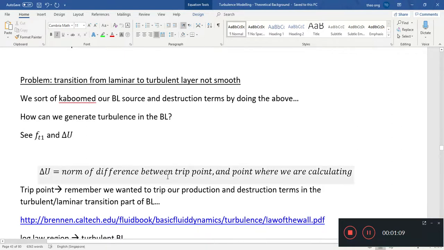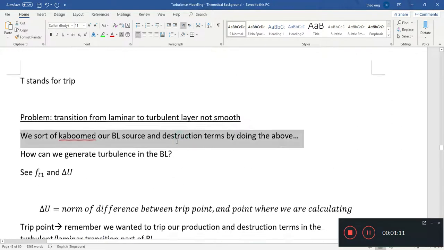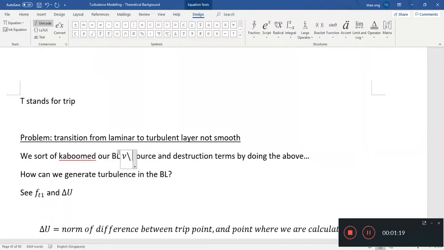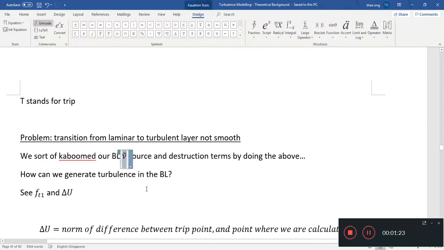So like I said, we sort of kaboomed our boundary layer source and destruction terms. Remember, nu tilde is actually the turbulence viscosity in the log law region and the bulk region.